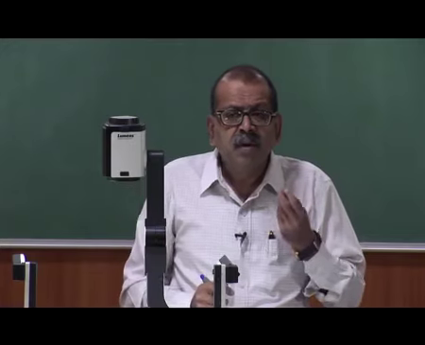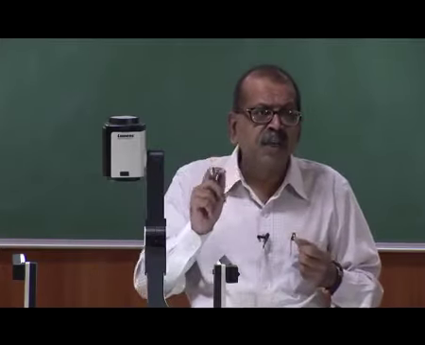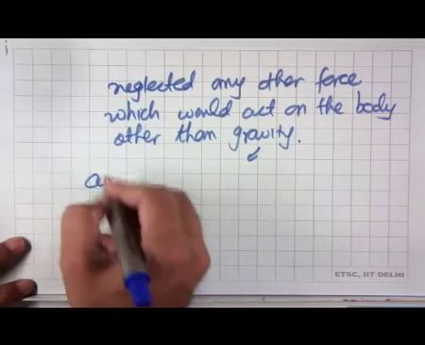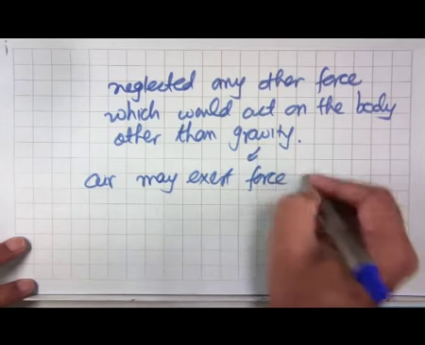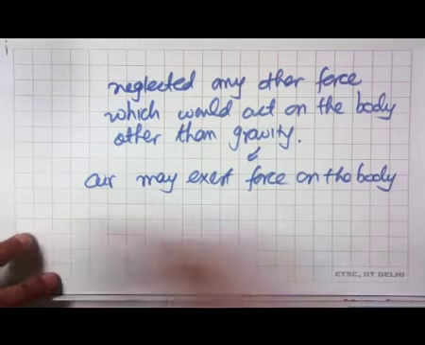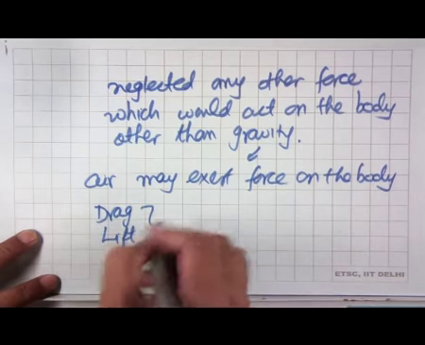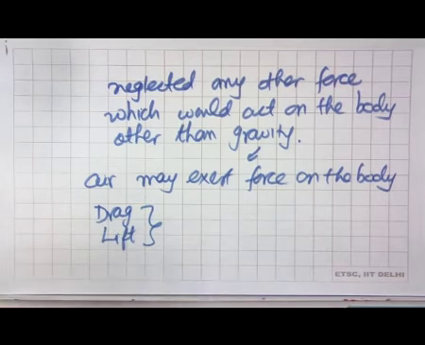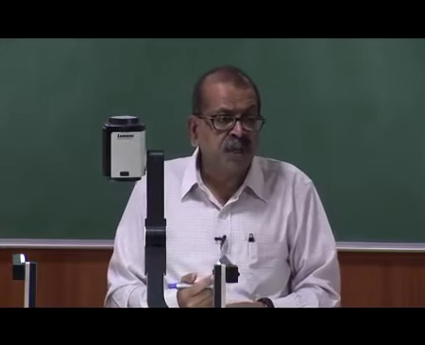Practically, when we look at motion of a light body in air, let us say a feather moving in air, then in addition to gravity, the air may exert force on the body, and such forces are referred to as drag and lift force on the body, and if these forces are acting, then the projectile motion will not be the type of motion which this body will show.